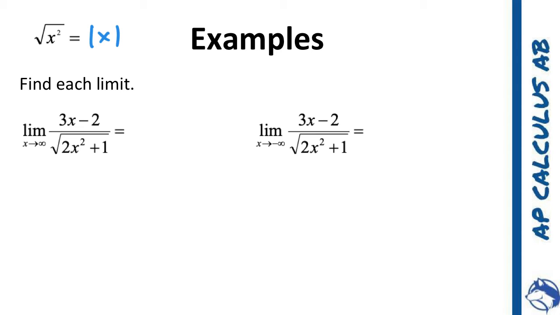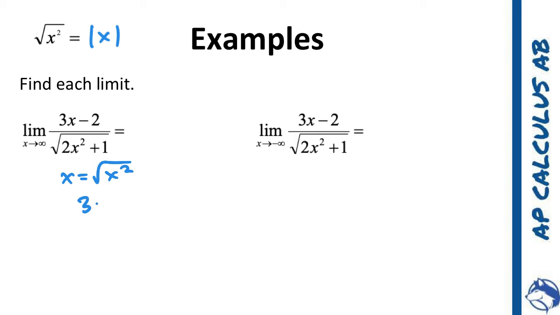So what we're going to write is that the square root of x squared is equal to x in this scenario. Okay, so all I'm going to say is that x is equal to the square root of x squared. So I want to divide each piece by x at this point.